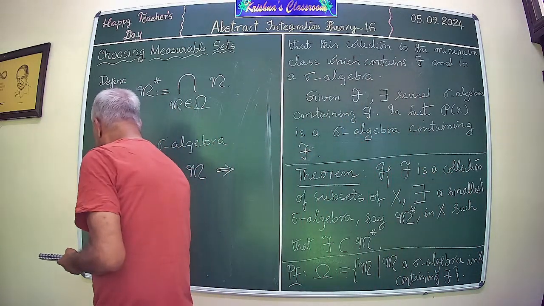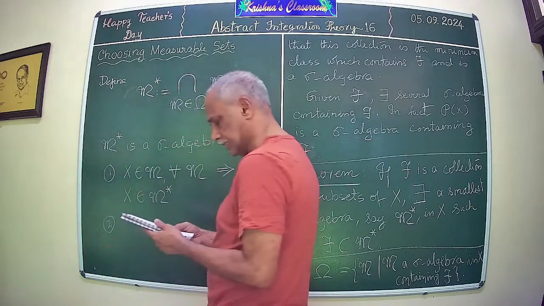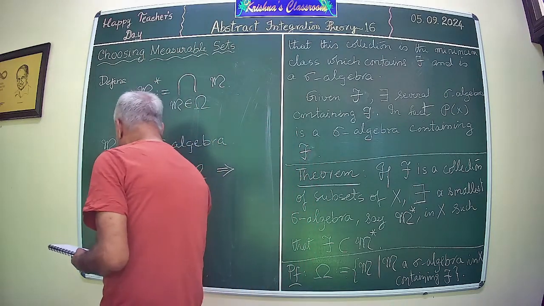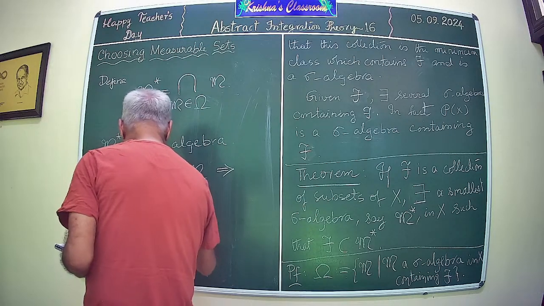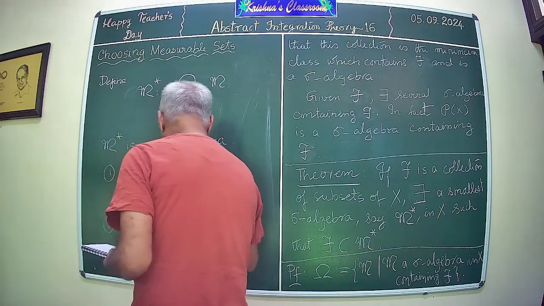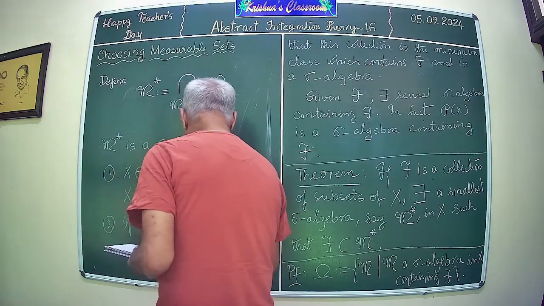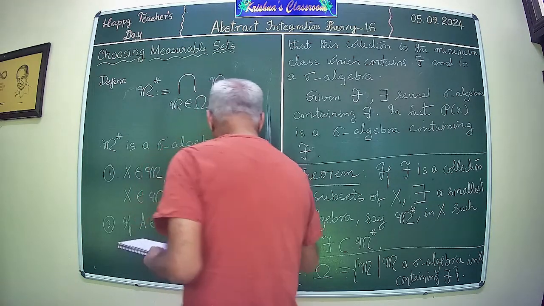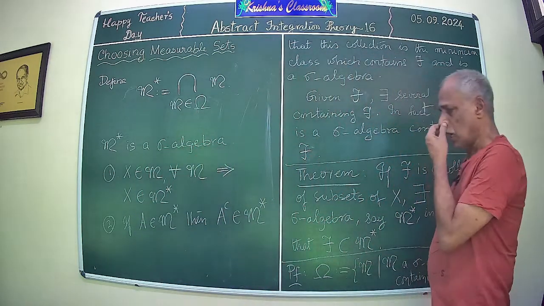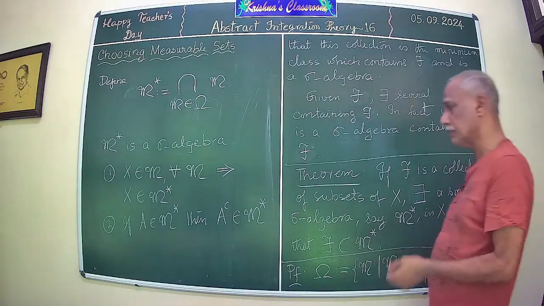The second property that we need is this: if A belongs to M star, then A complement belongs to M star. This is what we want to show. How do we prove this?